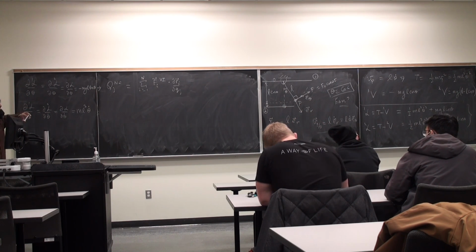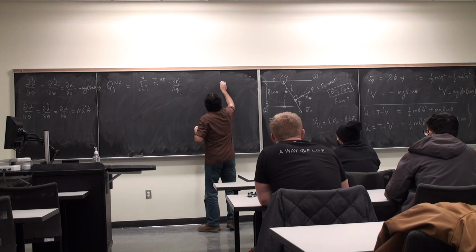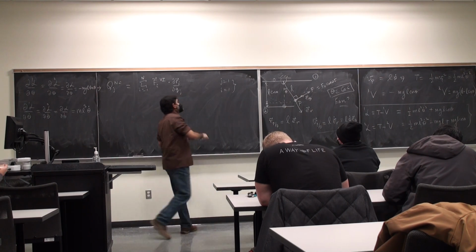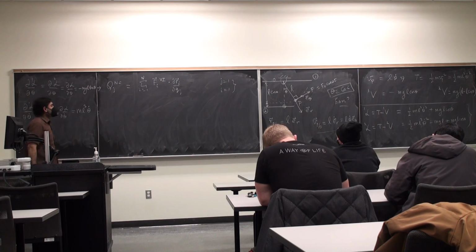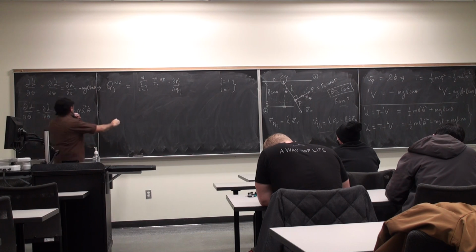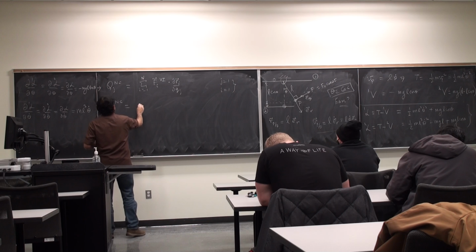Non-conservative force, how many J's do I have? I have only one. How many I? I have only one particle, so J is equal to 1. I is equal to 1. Alright. And so I'm just going to call it Q non-conservative.